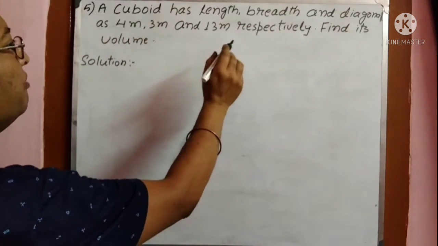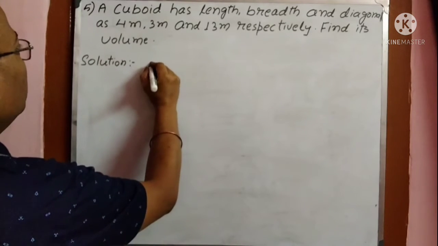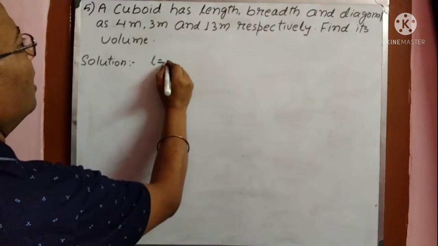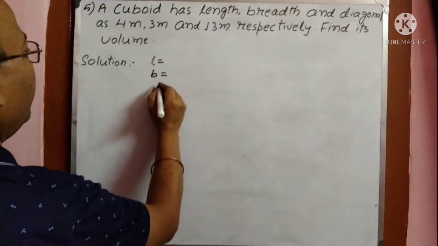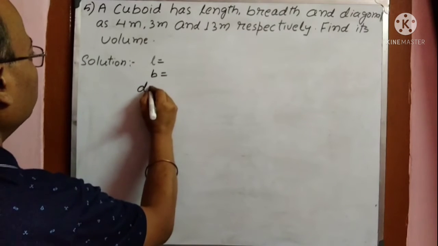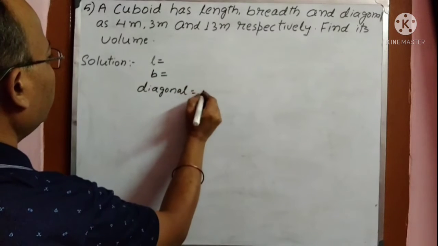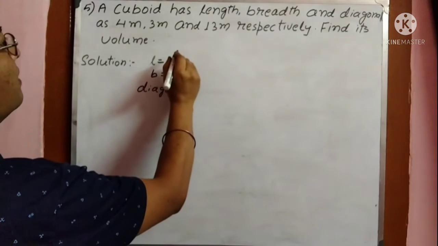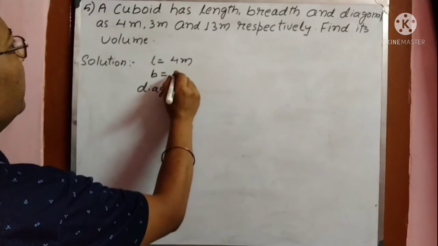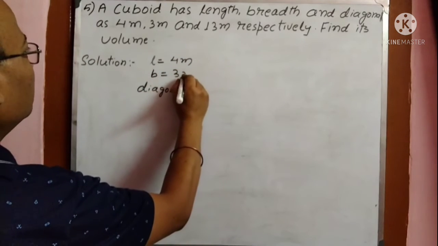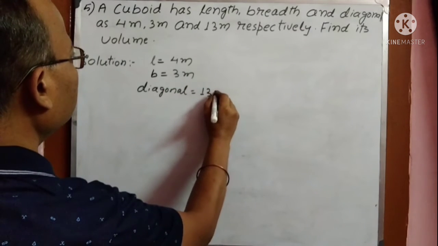13 meter respectively. Find its volume. So here length and breadth and diagonal is given. Okay, so length is 4 meter, breadth is 3 meter, and diagonal is given as 13 meter.